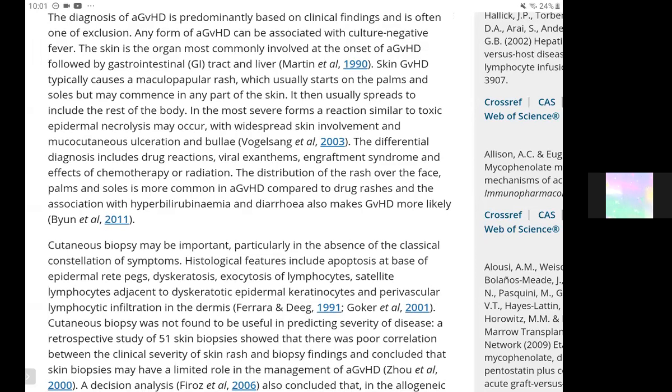So generally, it starts with the palms and soles or the face and the neck, and then it can spread to involve the other areas of skin as well. And then there could be a generalized rash.